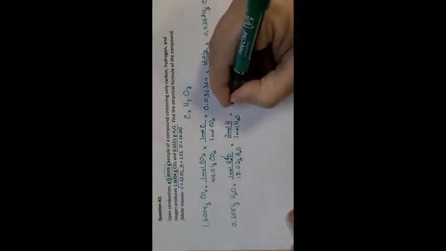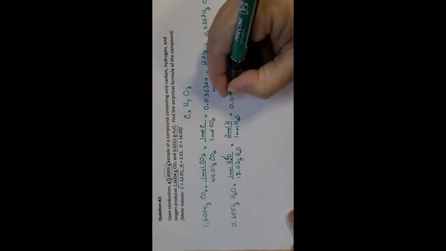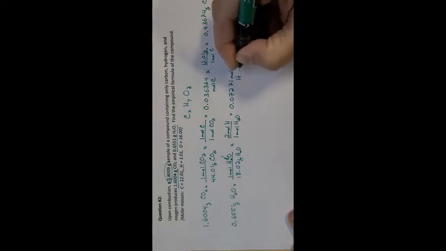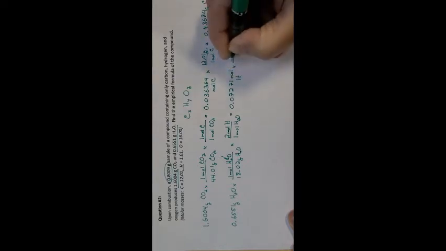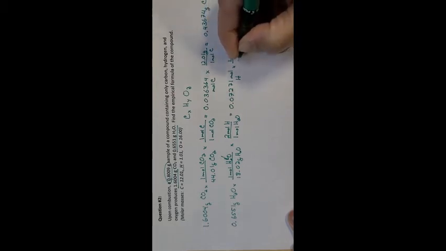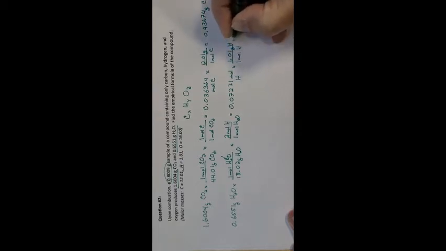And so that's the big difference between the CO2 and the H2O, that mole ratio of hydrogen, and that gives me 0.07271 moles of hydrogen. Same thing, I'm going to go ahead and convert that to grams, and because the molar mass of hydrogen is almost 1, I'm not going to see a big difference between grams and moles of hydrogen, but enough. It ends up being 0.07344 grams of hydrogen.